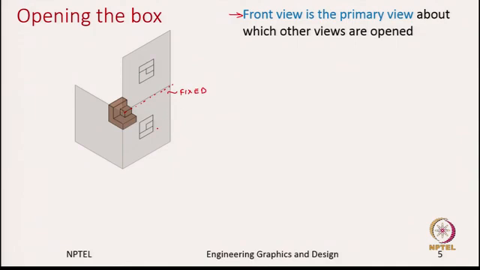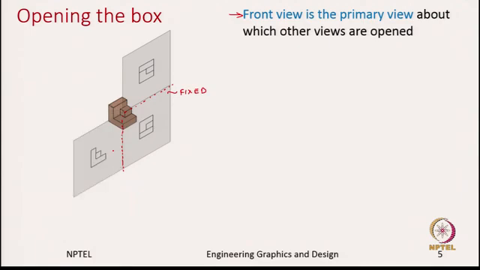Let us do the same thing with the side view. Here is your profile plane on which you can capture the side view. We have captured the side view. Now, again we need to rotate this side view such that it is in plane with the front view. How do we rotate? We again choose the edge which is common with the front view. That edge is this line, and if I rotate this profile plane about this line, this is how it opens gradually.